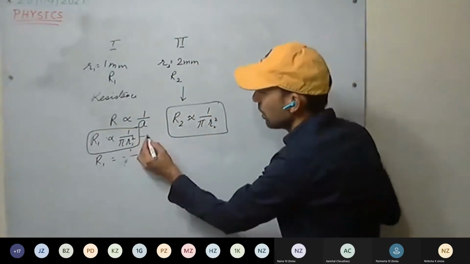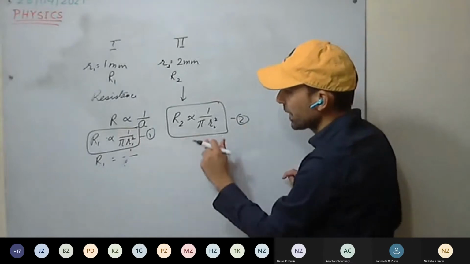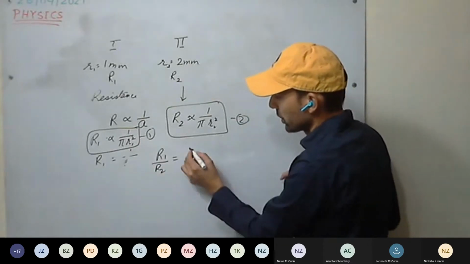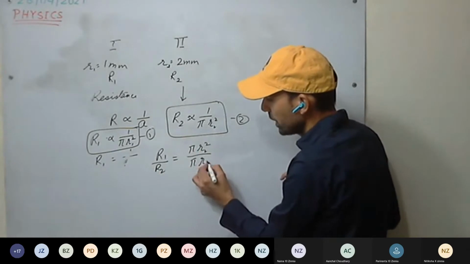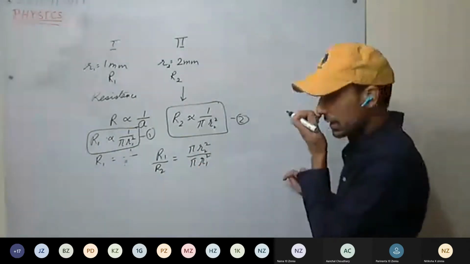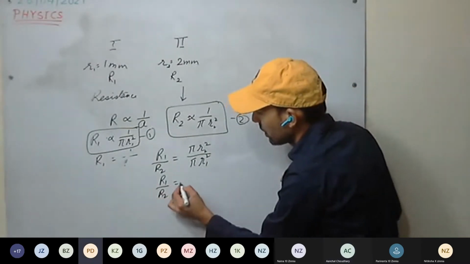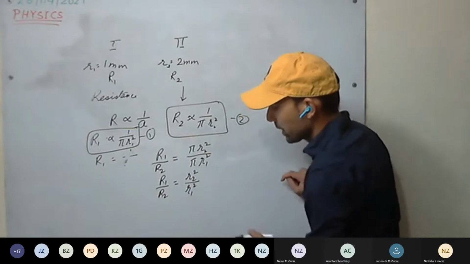Now divide first by second. R1 upon R2 equals what? Pi R2 square upon pi R1 square. Is this clear? Yes, sir. Pi cancels, so R2 square upon R1 square.